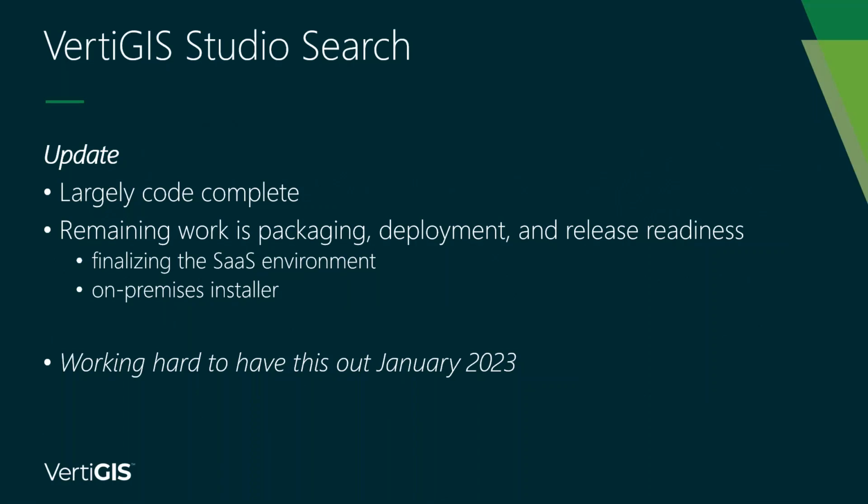The remaining work on this product is packaging, deployment, release readiness, finalizing our SaaS environment, making sure the on-prem installer gets a bit more testing in a few different environments. But it is largely code complete, and the current intent and forecast is that we should have this to you in January of 2023. So definitely keep an eye open for VertiGIS Studio Search.